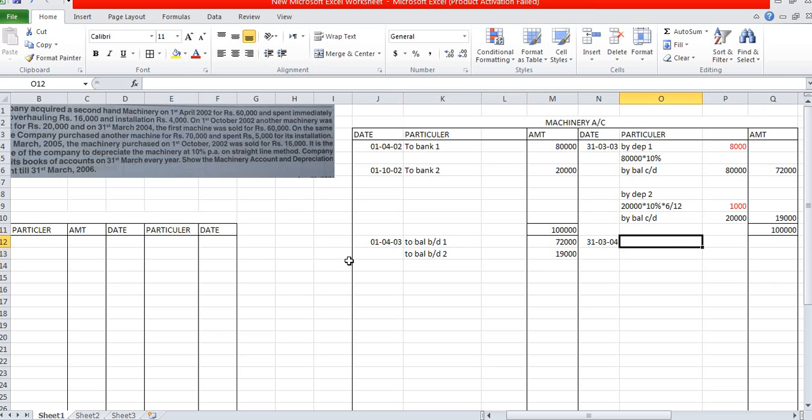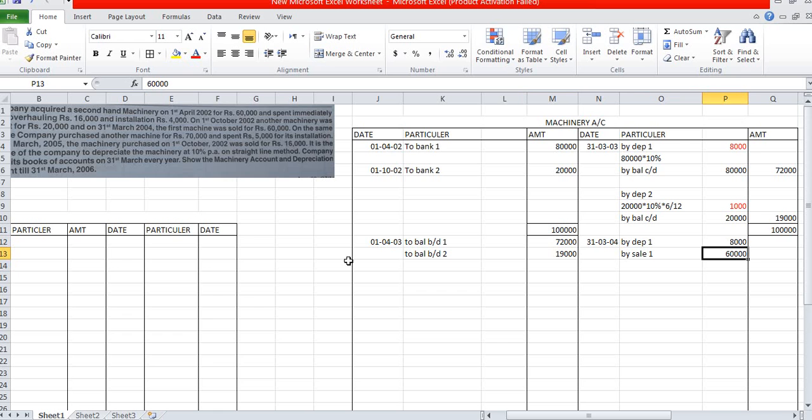Okay, what we are doing, by depreciation first, calculate the depreciation for 1, how much, always 8,000. Okay, now selling also, by sale, first machine we are selling for 60,000. Let's calculate whether balance profit or loss. Out of 72,000, deduct 8,000, what you will get, 64,000.